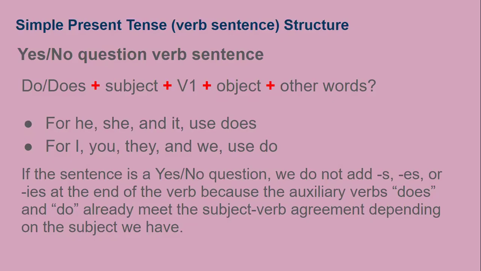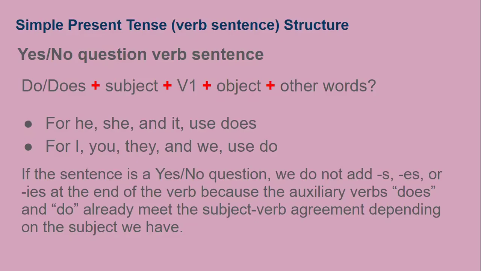Because when we use an auxiliary verb, already the auxiliary verb tells us whether the subject is a he, a she, or an it. And also, if we use do, already that auxiliary verb tells us that the subject is an I, a you, a they, or a we.